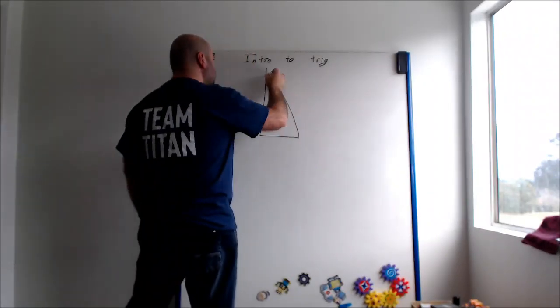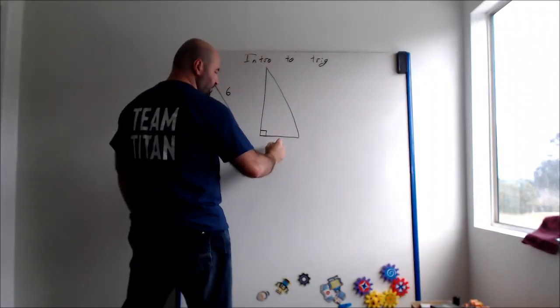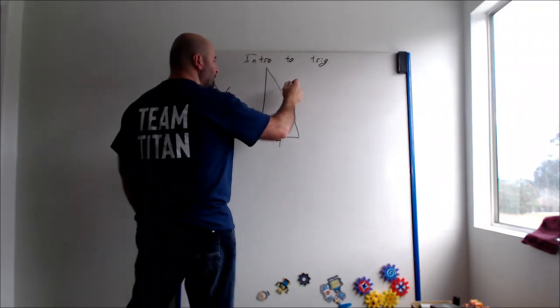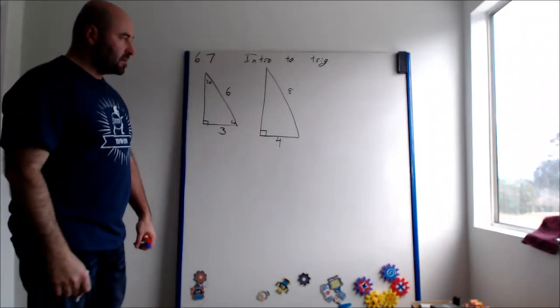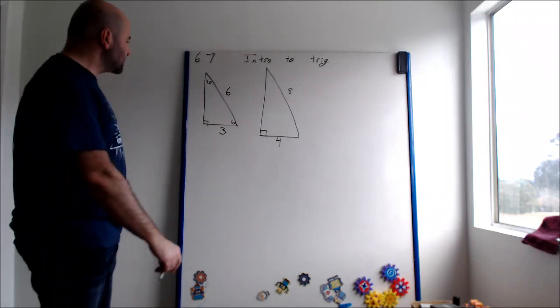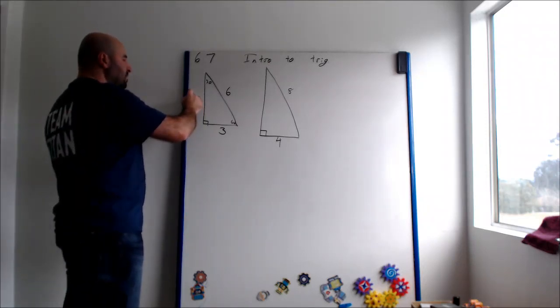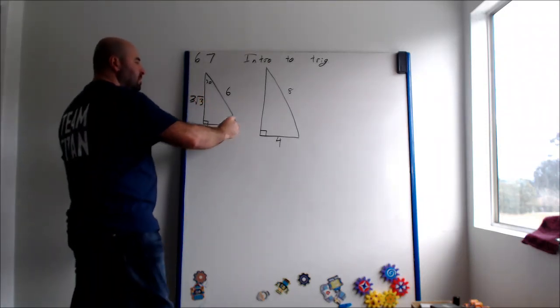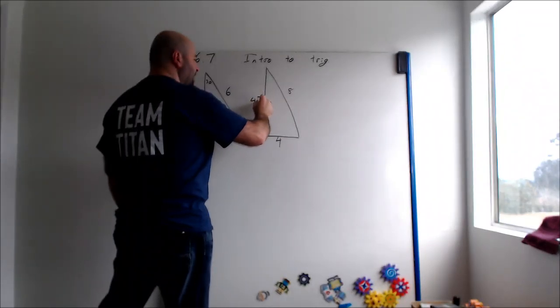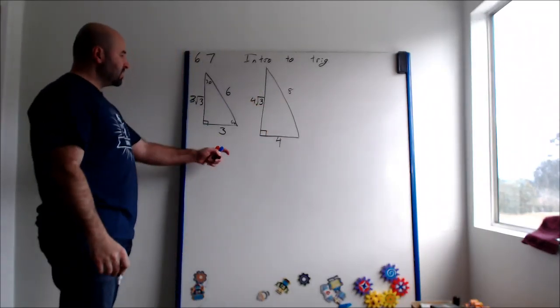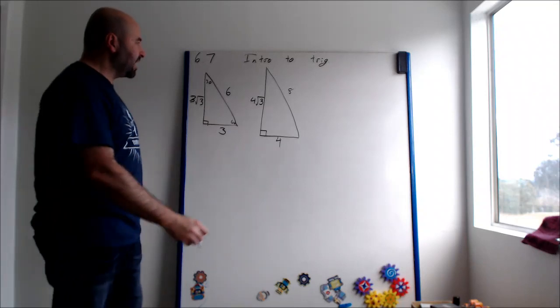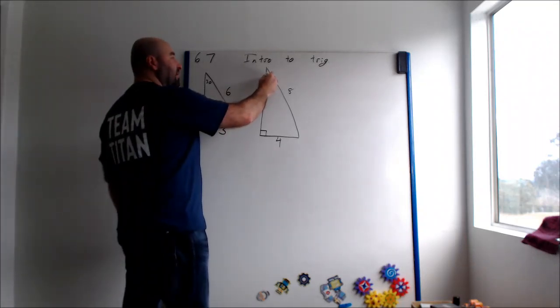And we start to notice a pattern going on with the side lengths anytime we're given a 30, 60, 90 right triangle.